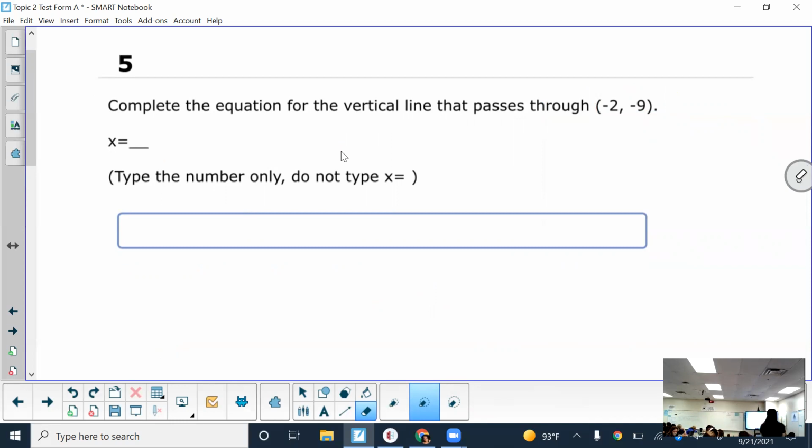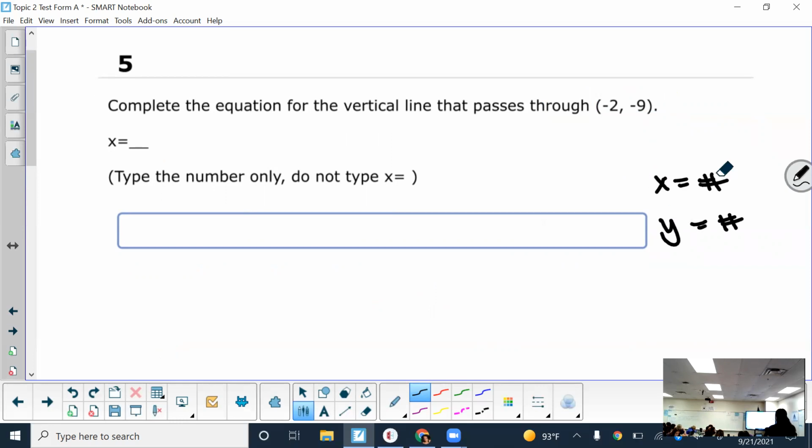Like I said before, for vertical and horizontal lines, it's either x equals a number or y equals a number. X equals a number is for your vertical lines. Y equals a number is for your horizontal lines. And the way you can figure it out when all it gives you is a point is just look at your point. It always goes x then y.